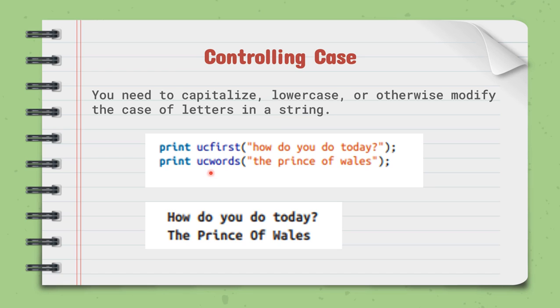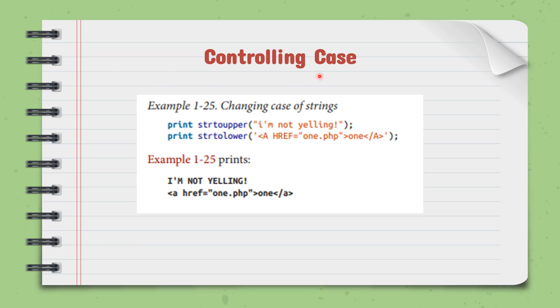First we have ucfirst, which capitalizes the first word of the whole sentence, and second we have ucwords. It capitalizes the first letter of each word in this sentence. And we can also perform two other functionalities: strtoupper and strtolower.